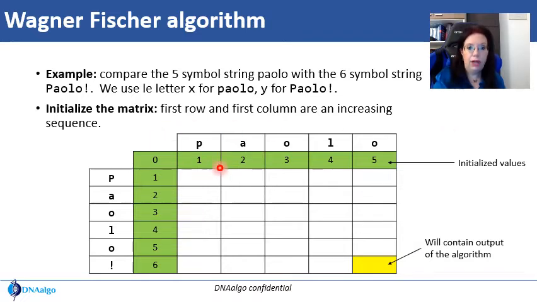The first row and the first column are initialized in increasing order. We need to fill up all the cells of the matrix, and at the end, the cell filled in yellow will hold the actual distance between these two strings.